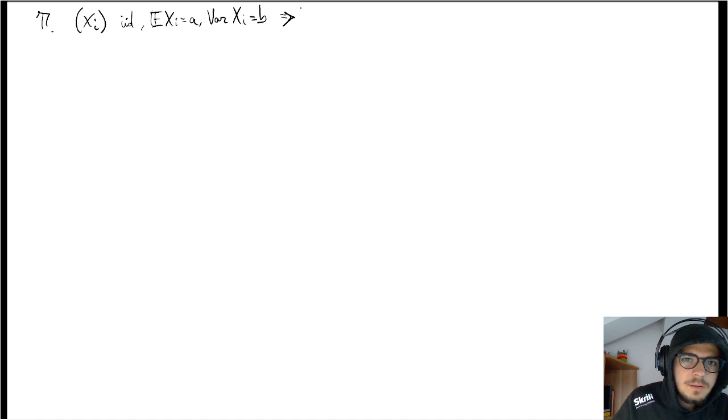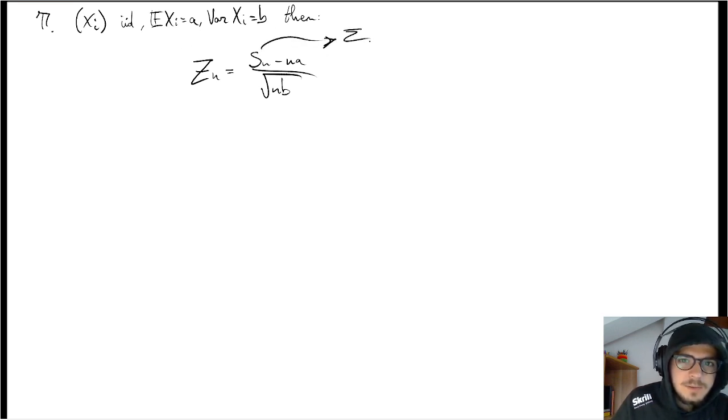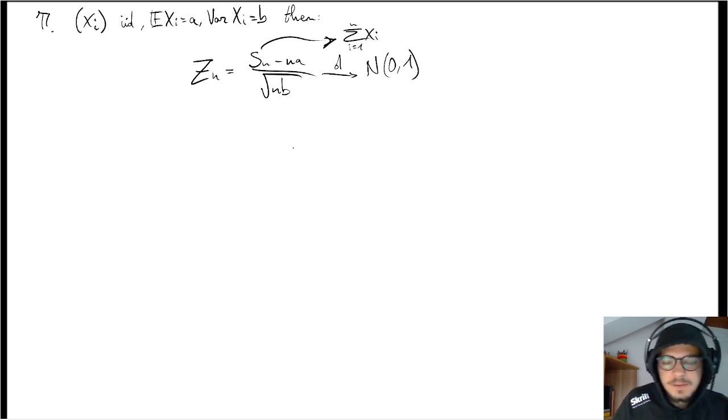Then we have that Zn, which is this quantity here, Sn minus na over square root of nb, where Sn is the sum of the random variables from 1 to n, converges in distribution to a standard normal random variable with mean 0 and variance 1.